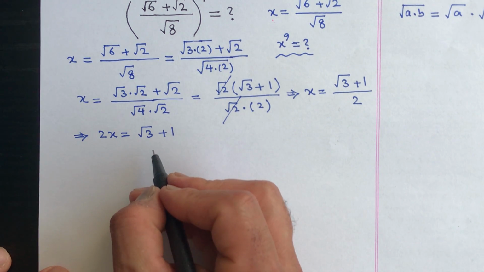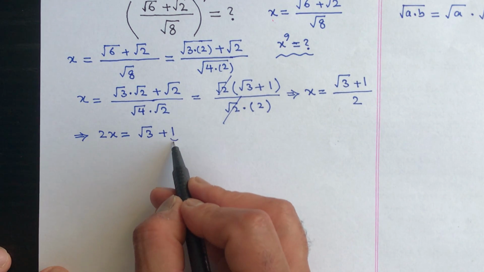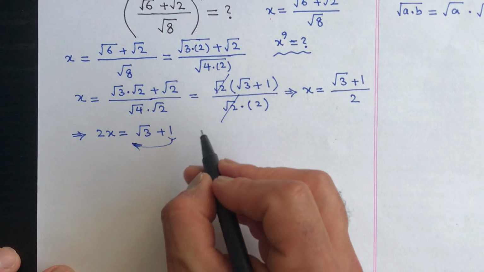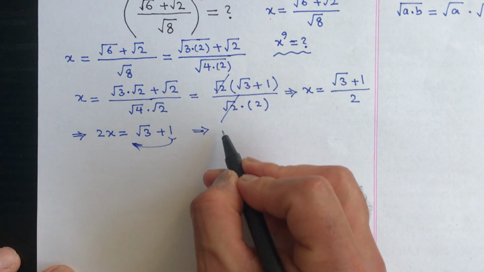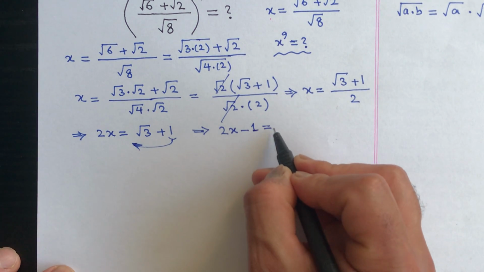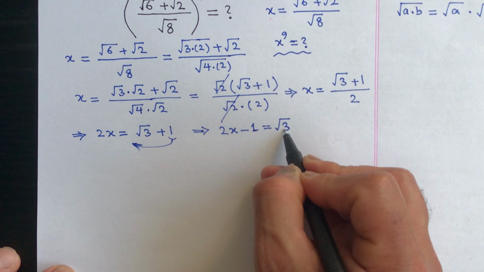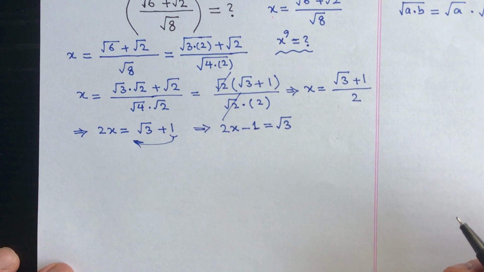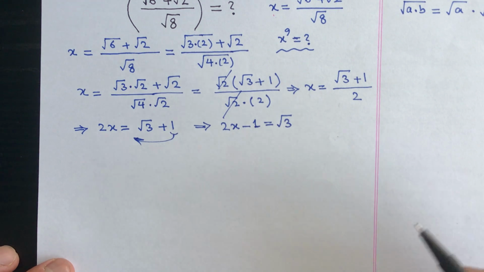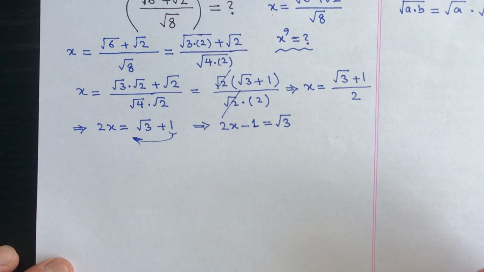And if I take the term 1 to the other side, flipping the sign, now you have 2x minus 1 equals square root of 3. Now I can raise both sides because I'm trying to get rid of the radical sign.